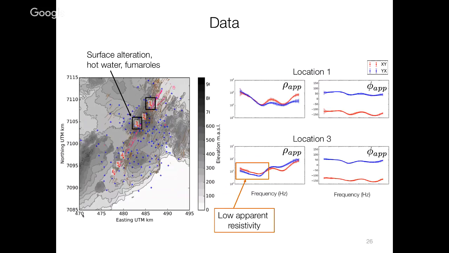So first of all, what is that telling us? The fact that the red curves and the blue curves overlap.